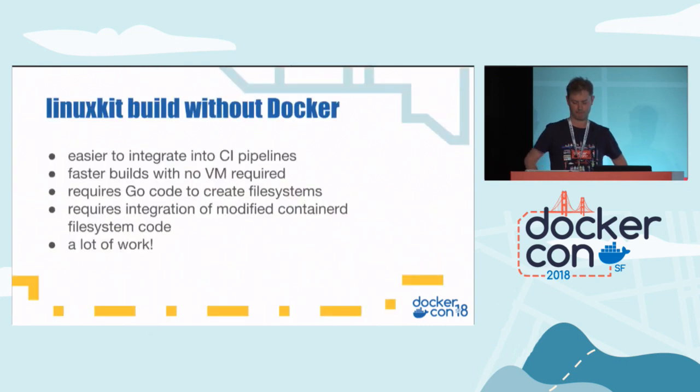One of the things we really want is for LetsGet to build without Docker. The real reason for this is because building in the CI pipeline is a really important use case, and people don't always have the ability to spin up VMs and install Docker.